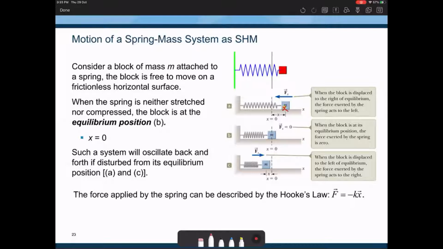If you keep the particle at the equilibrium position, x equals 0, the system will not oscillate. It will oscillate only when you start by, say, extending it to a location where x is larger than 0.